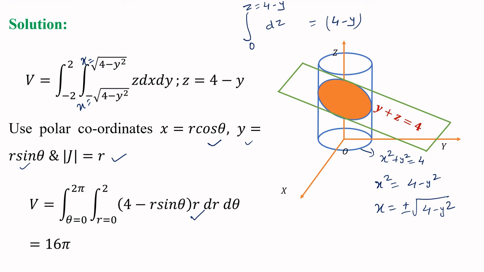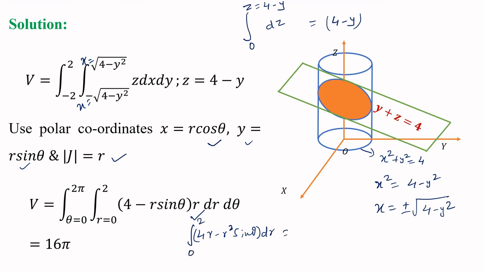So here you can also do it in such a way. If you are integrating with respect to r, it will be 4r minus r squared sin theta dr, and r is equal to 0 to 2 is the limit.